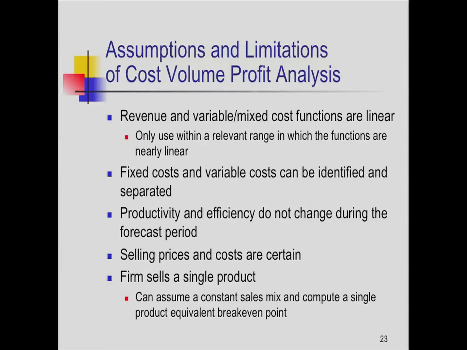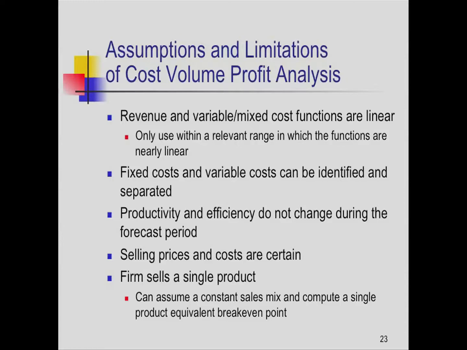We also assume that selling prices and costs are certain, that we know what it is, and this is a biggie. We assume that the firm sells a single product. Now, there are variations of this that we can use if we do some estimating with multiple products, but this technique is very, very good if you're starting a company and you're going to make one product. You can use this to establish your break-even and do your business plan projections based on that.